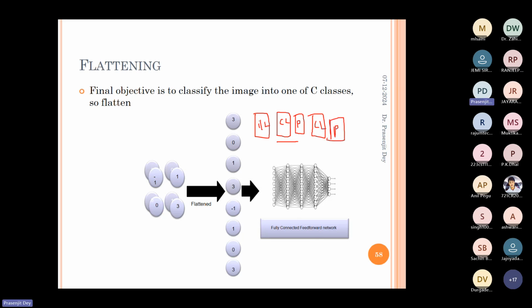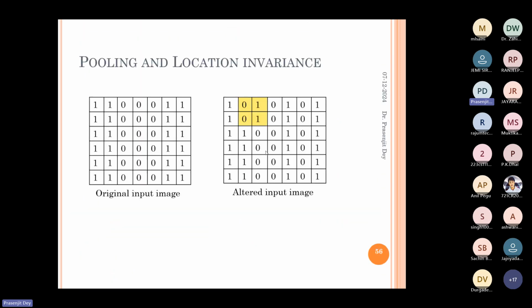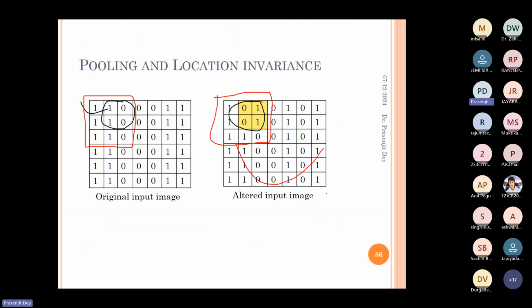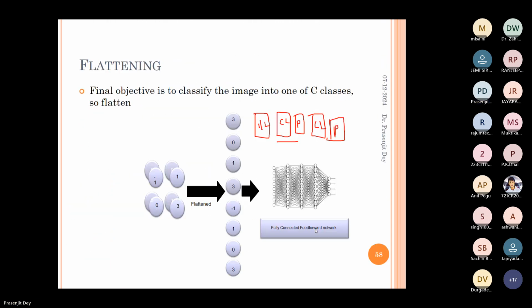After the pooling layer, as you can see, what is the input? The input is in grid form, no? The input is not one dimensional. The input is again maybe m cross m. So after the pooling layer also, the input is in grid form, like this.